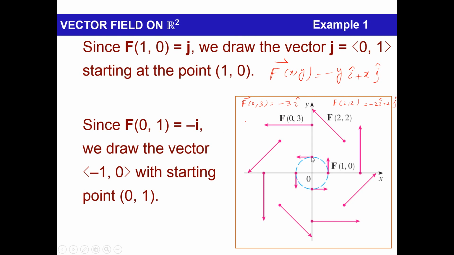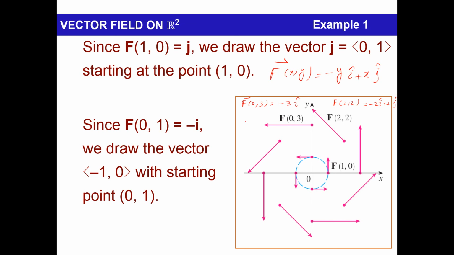The j component is 0, so vertical movement is 0. We don't have to move vertically upwards or downwards, right? So the starting point is (0, 1) and the ending point is this. We just moved 1 unit towards the left side and we ended up at that point. So join the initial point and terminal point, and we have a vector, and this shows the direction. We started from here and our movement ended at this point, right?